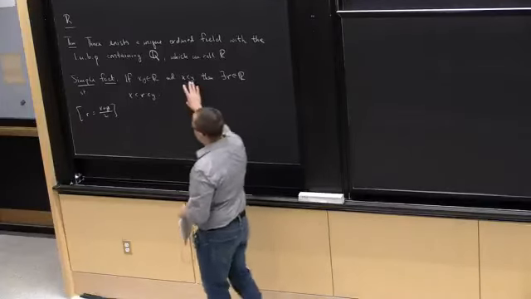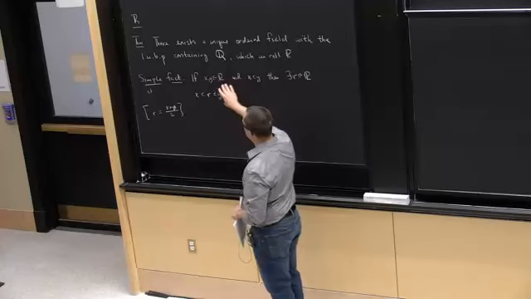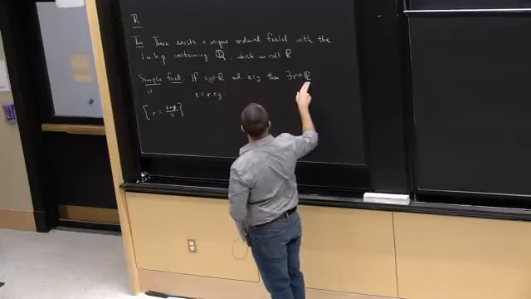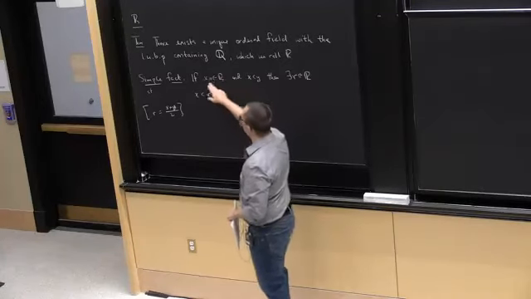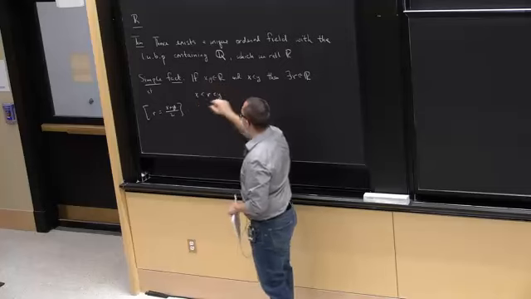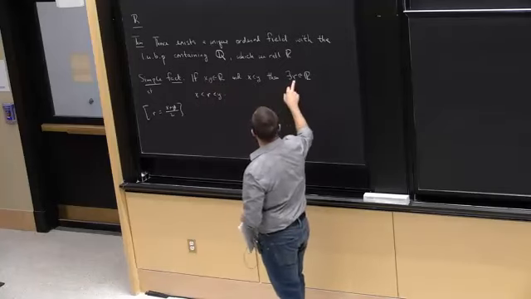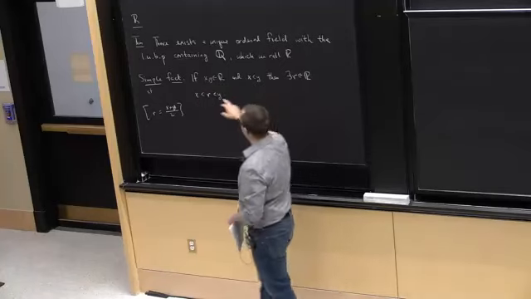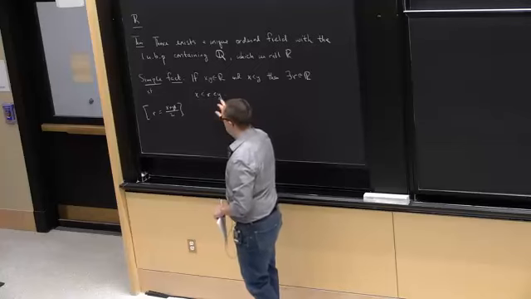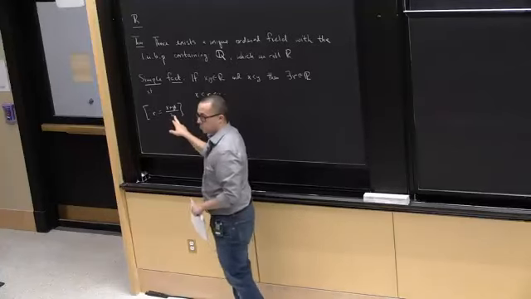Now, this statement is also true if I replace R with the rational numbers. Namely, if I had two rational numbers, one less than the other, then there exists a rational number in between, and I again define r in this way.